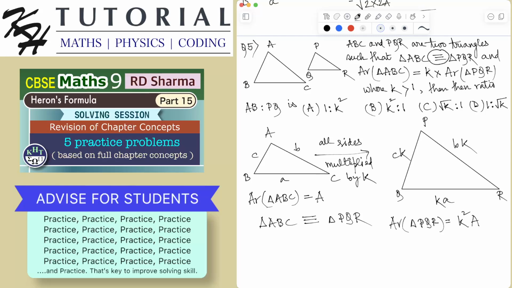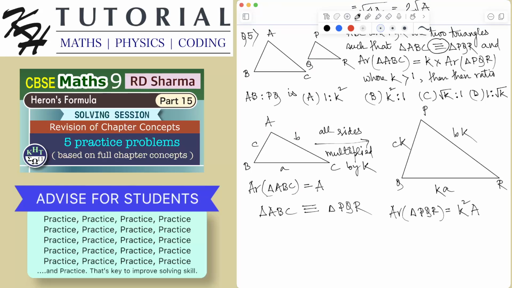by multiplying the length of each side of the triangle PQR by some constant, we don't know what constant.